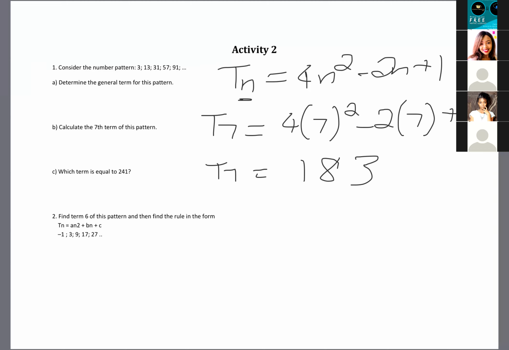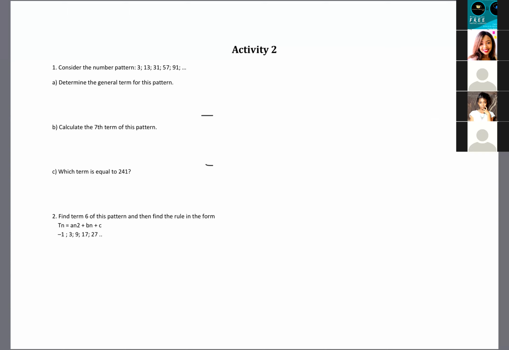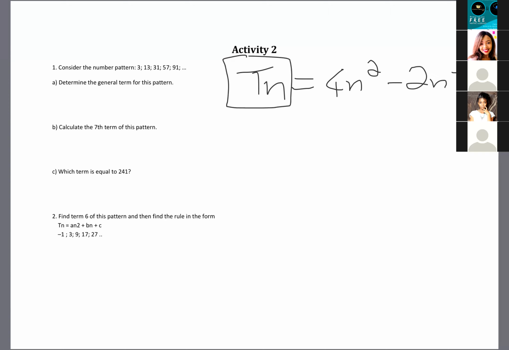And then question C says, which term is equal to 241? So I always go back to my general term, which is my Tn. Tn is equal to 4n squared minus 2n plus 1. Here, I'm no longer looking for Tn. I'm looking for my n value, because it says which term is equal to 241.